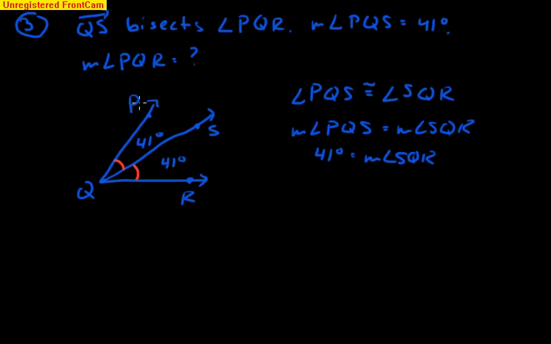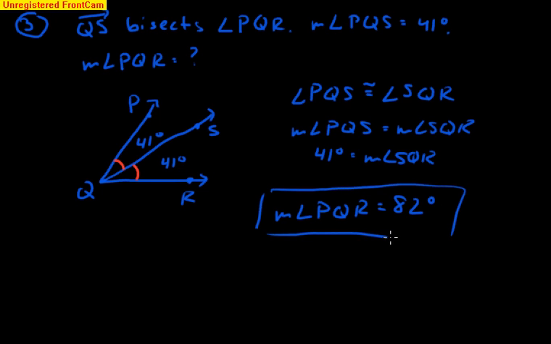And if I want the measure of angle PQR, it's just 41 plus 41, which is 82 degrees. Okay, and then one more for this set of problems before I move on to the next video. So we'll do problem 4.